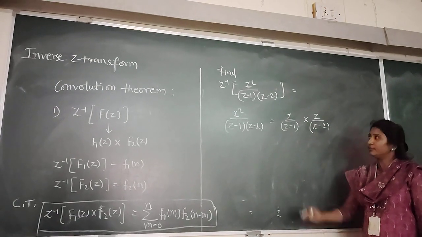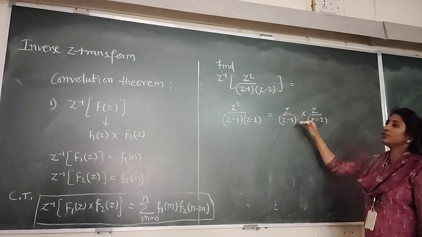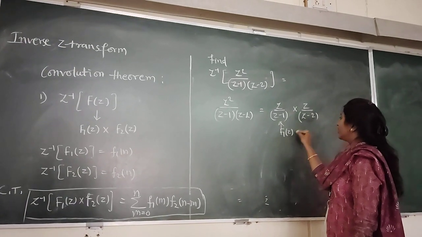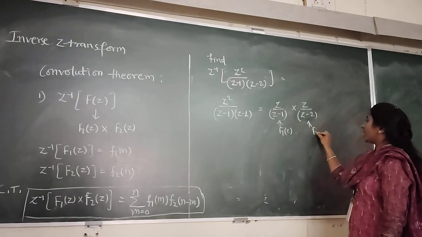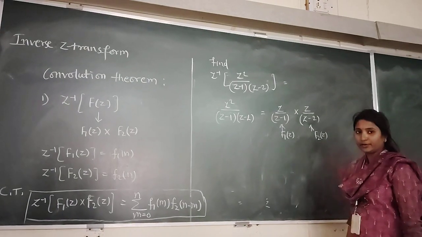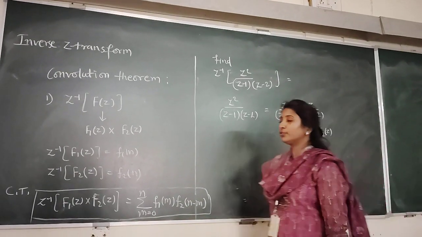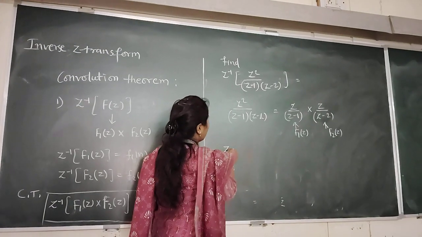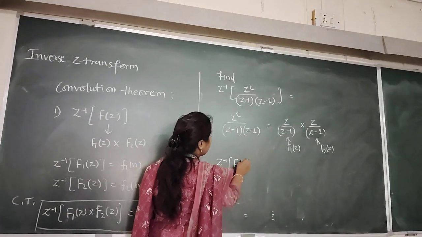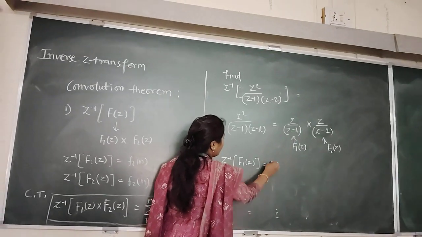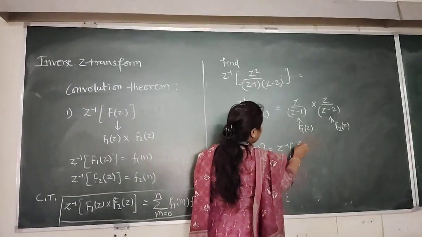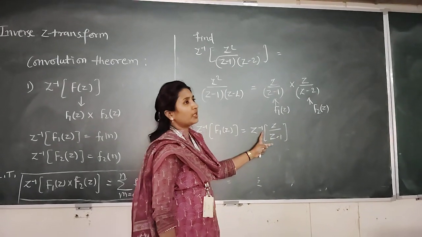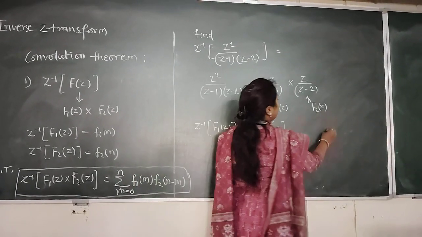Got it everyone? Firstly breaking this in two parts. First one is noted as F1(z) and second one is F2(z). After this we have to find the inverse of both functions. Z inverse of F1(z) is equal to Z inverse of z upon z minus 1. This is the standard formula.